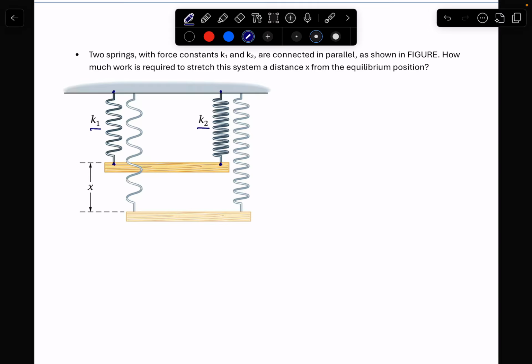This is called a parallel connection. Let me make that a little bit clearer to see.